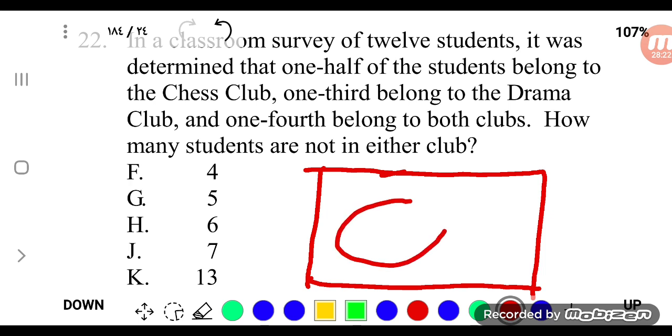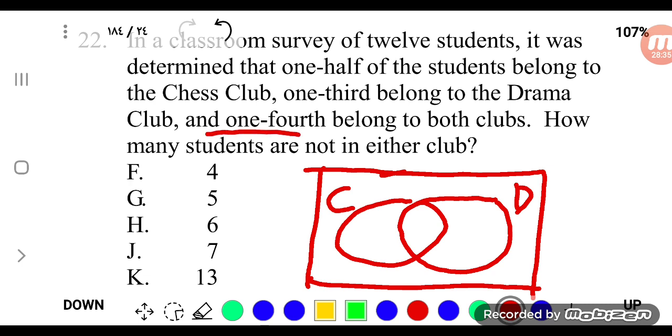So we have two sets, chess and drama. We are told in the question that 1/4 belong to both clubs, and the total number of students is 12.